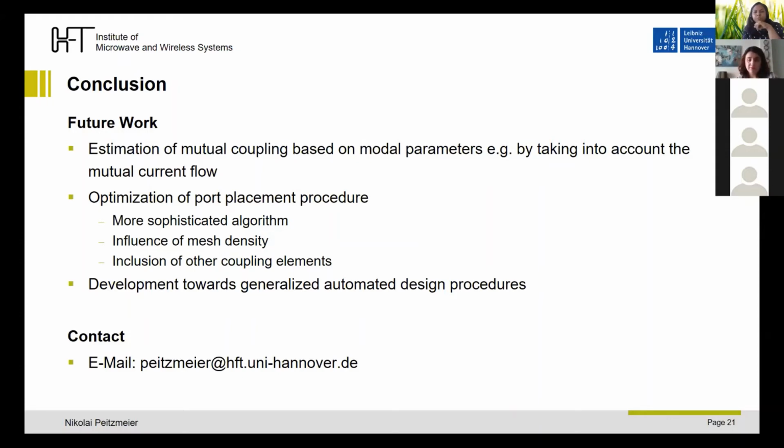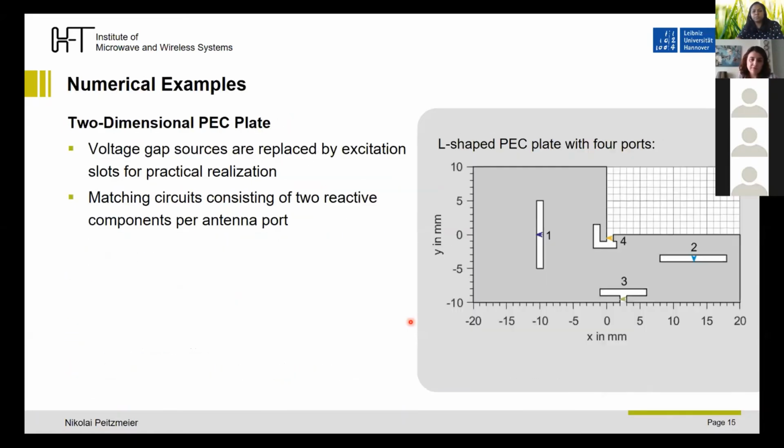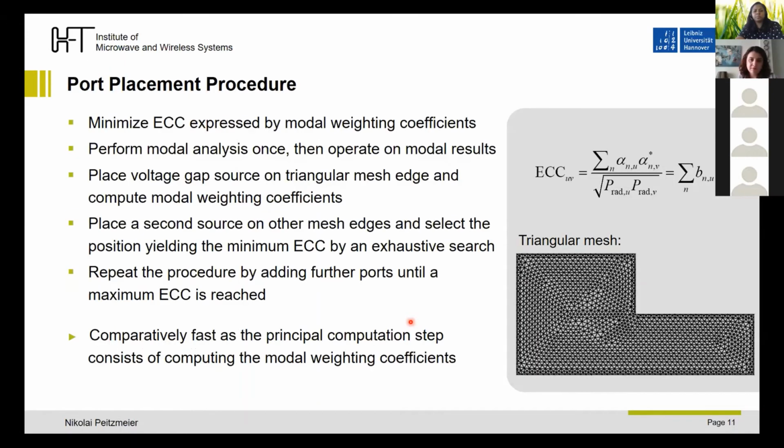I see. But when you put a voltage source directly on the plate, isn't the source kind of shorted? Yes, it is very badly impedance matched, of course, but it is still able to excite a current density on the plate.